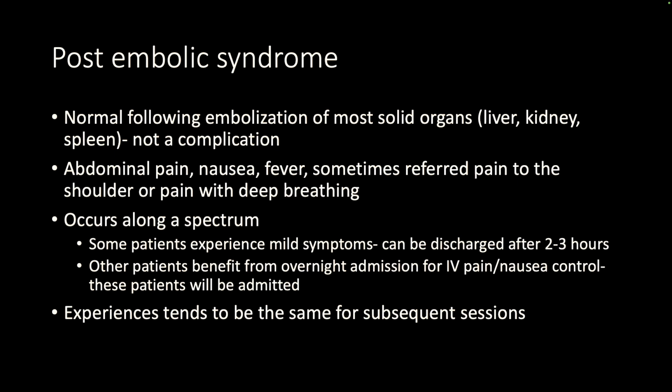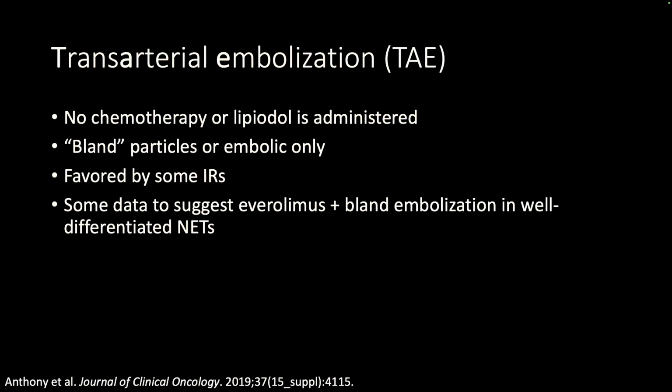Some patients have to stay a little longer, stay overnight. And once you've had one chemoembolization, it tends to be the same for subsequent sessions. So if you got a right lobe and then come back for a left lobe, it's usually the same as it was when you had the right lobe. So transarterial embolization, this is without the chemo.